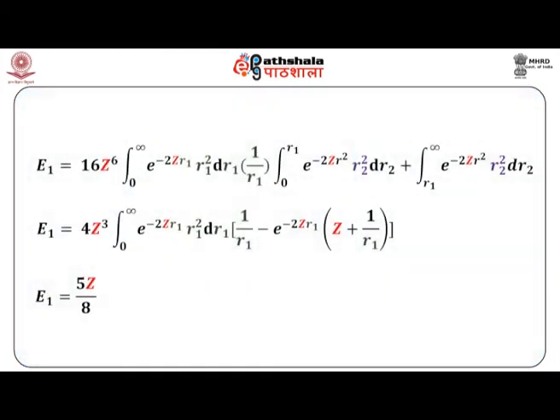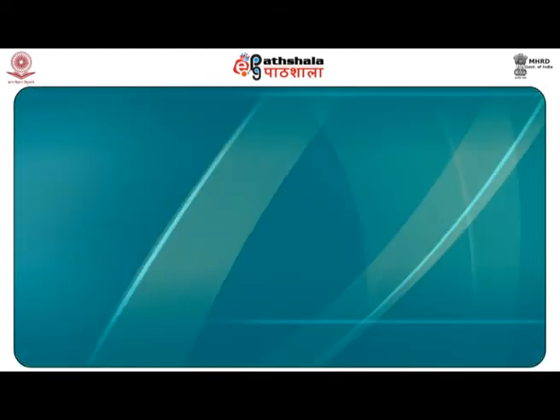We have also shown here how that integral is solved. You can see here the detailed methodology for solving this integral, which ultimately gives the first order correction to the energy equal to 5 by 8 Z. Those details are given here.